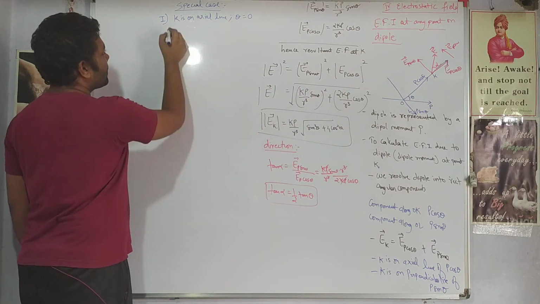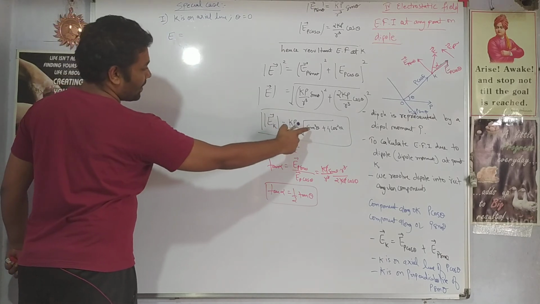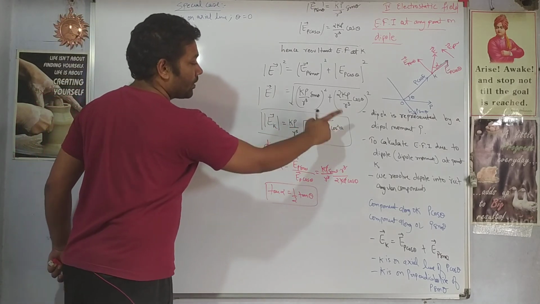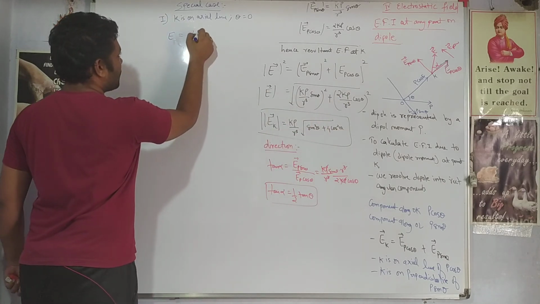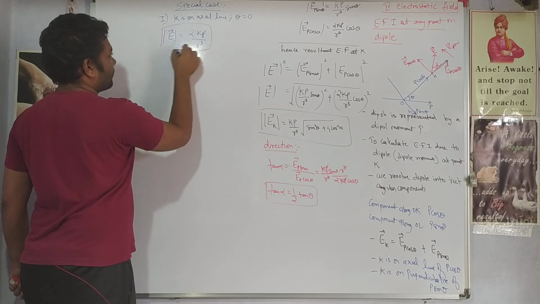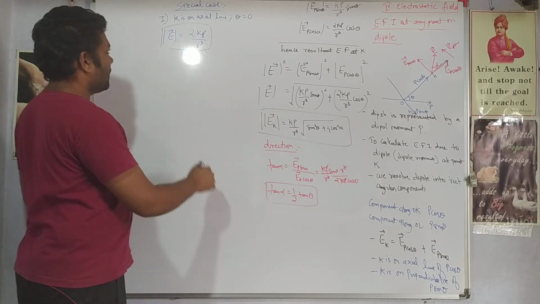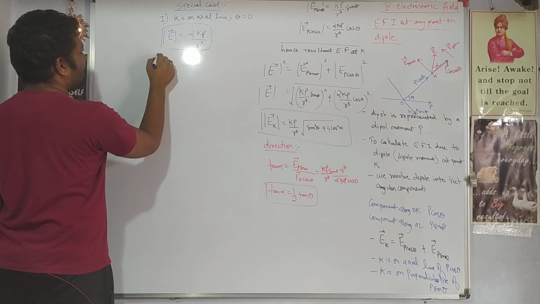If we substitute 0 degrees, what will be the electric field? Sin 0 is 0, cos 0 is 1, square root of 4 is 2. So 2 kp by r cube. Even the direction can be obtained if we put the values of theta.